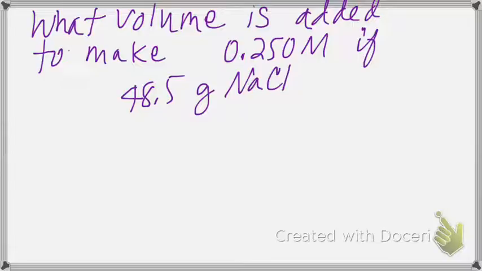So I have 48.5 grams of salt. I want to make a 0.25 molar solution. How much water would I need to add? So first thing I need to do is convert grams to moles.